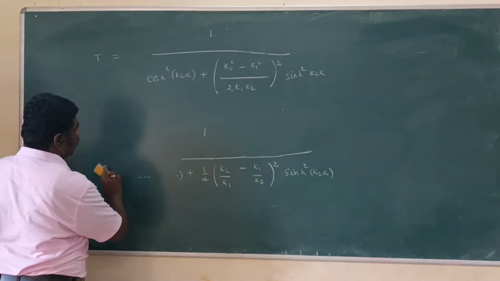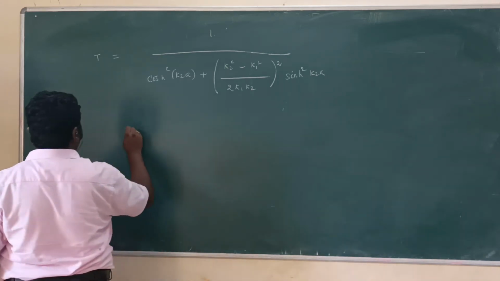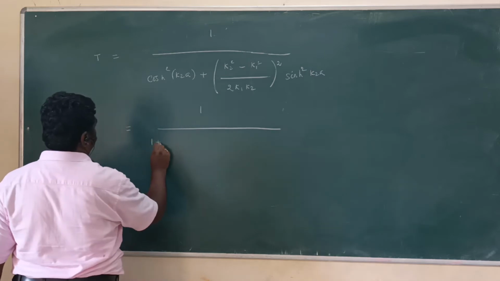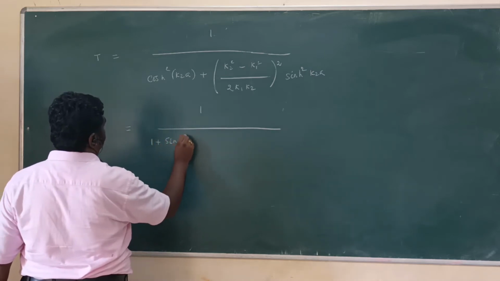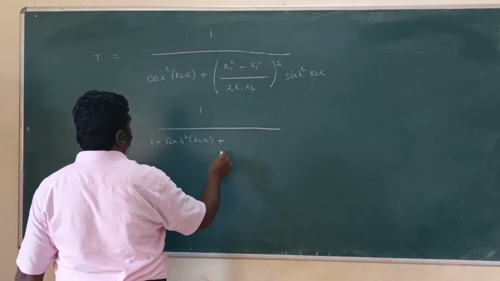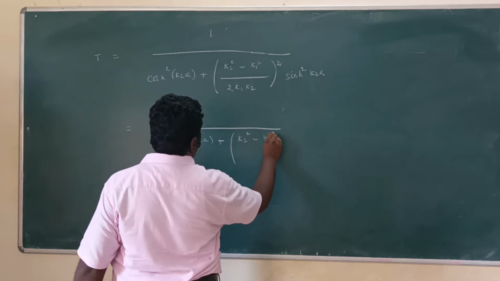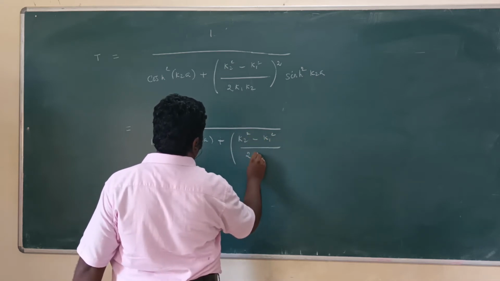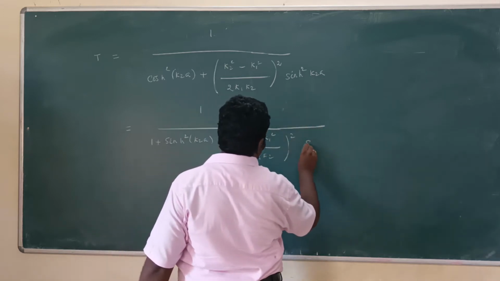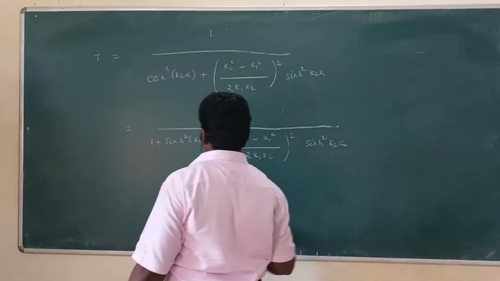Then this is modified as 1 divided by 1 plus sinh square of k2a plus (k2 square minus k1 square) whole divided by 2 k1 k2 whole square into sinh square k2a.